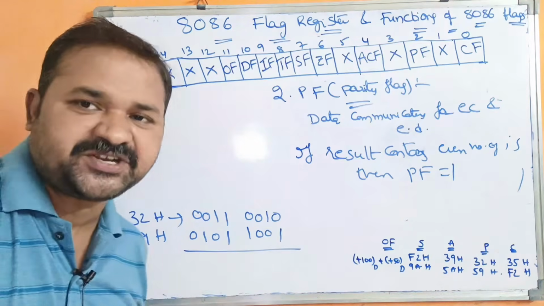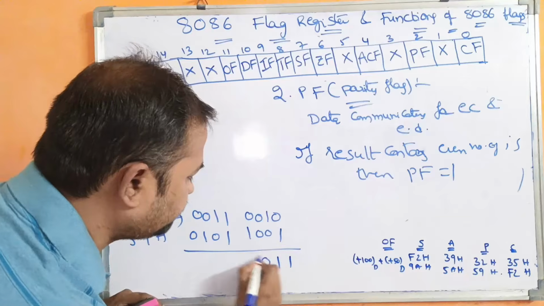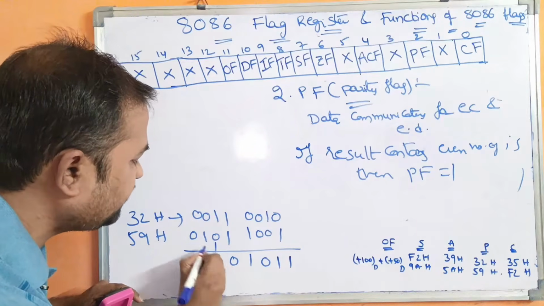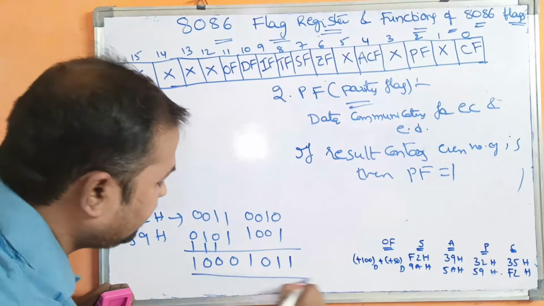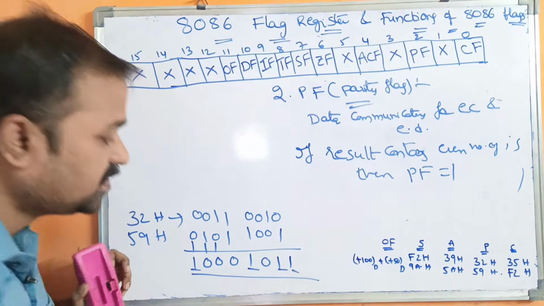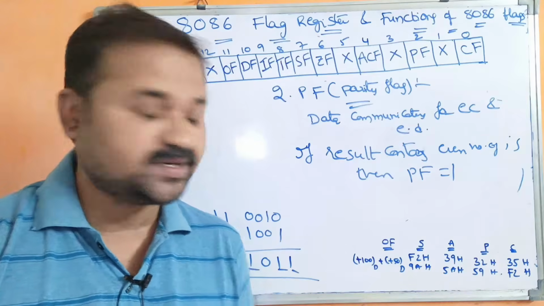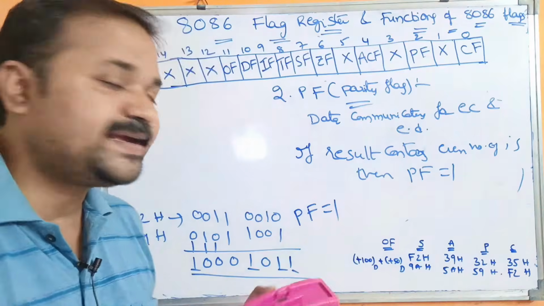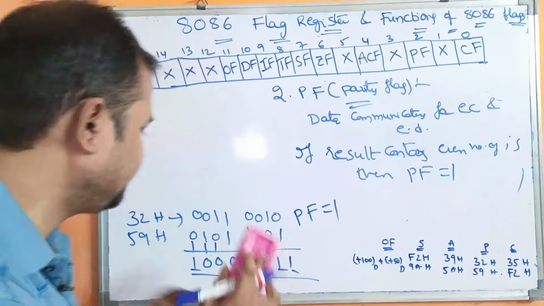Let us perform the addition operation. 1 plus 1, then 1, 1, 0, 1. 1 plus 1 means 0 with a carry 1, and so on, then a final 1. Here the result contains how many ones? 1, 2, 3, 4. So 4 means an even number of ones, so the parity flag will be set. Whereas if the result contains an odd number of ones, then the parity flag is reset.